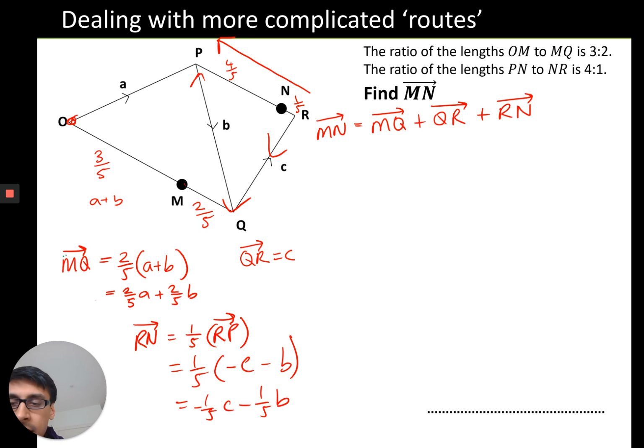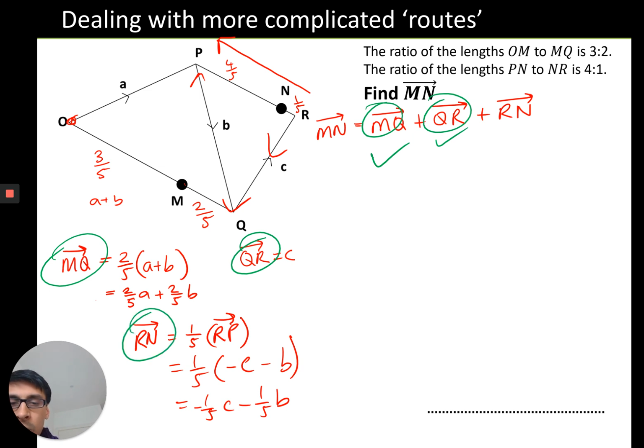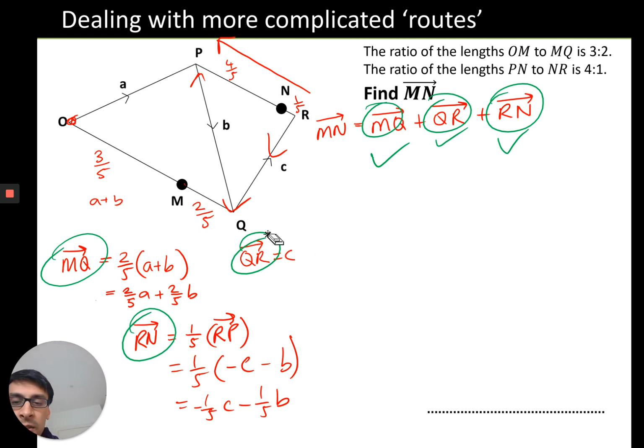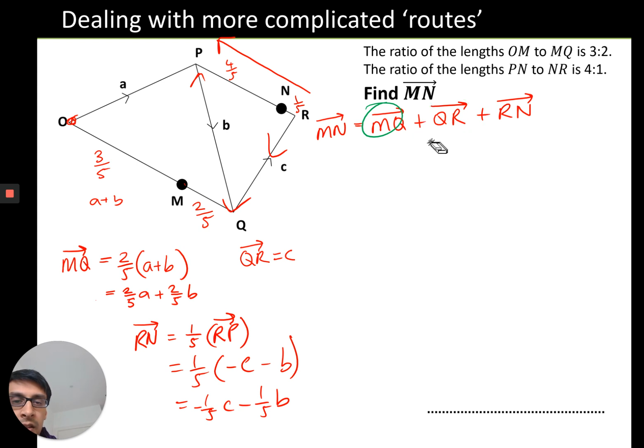Now, making a point here, I can see that MQ I've worked out, QR I've worked out, and RN I've worked out. So now I'm just going to bring all of these things up here, and then we're just going to simplify it, and then that's your answer. We just have to be really careful with fractions. So let's clear this up a little bit and write this out here.